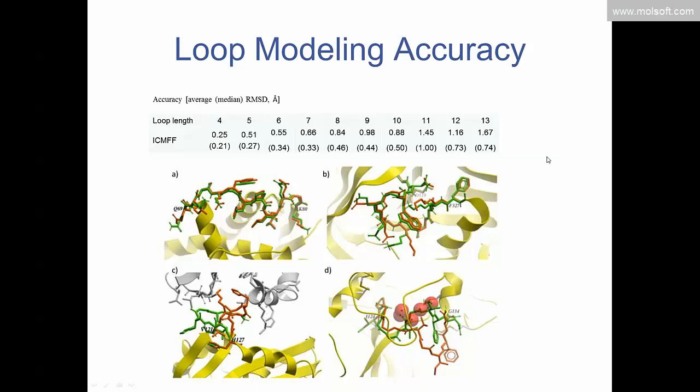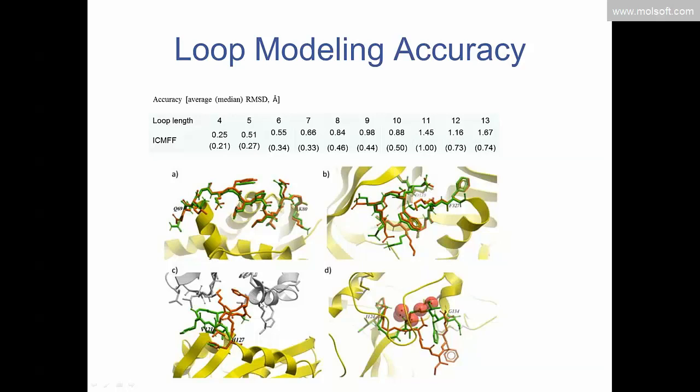As for loop modeling accuracy, there are some good comparisons published. I'm not going to show them against others, but ICM performs very well compared to other methods. Generally speaking, this is the loop length, and the accuracy is pretty reasonable for 6 residue loops, 7 residue loops, and obviously it tails off the longer the loop region is.